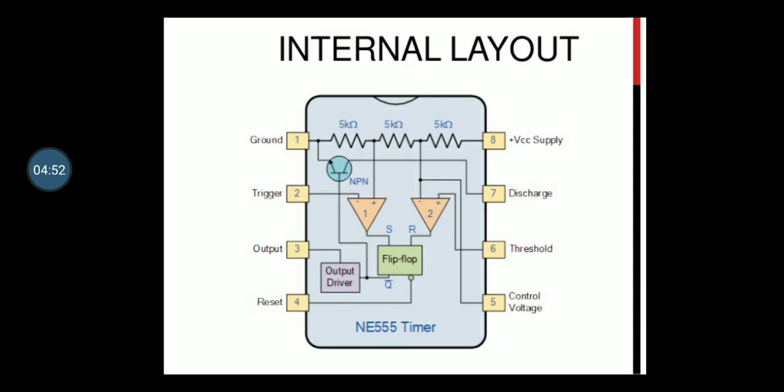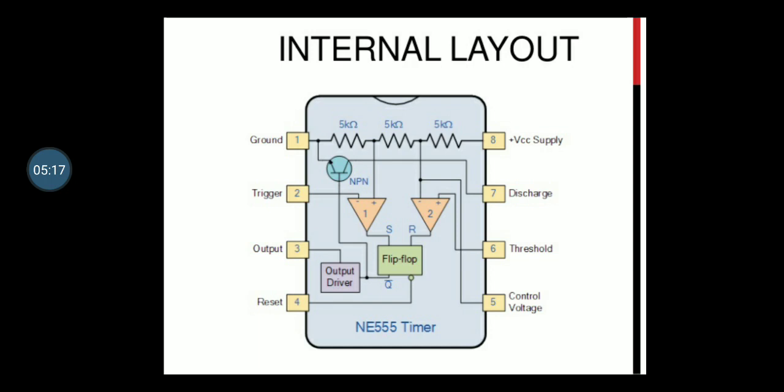Also, there are three 5K ohm internal resistors which act as a voltage divider, providing a bias voltage of 2 by 3 VCC to the upper comparator and 1 by 3 VCC to the lower comparator. Since these two voltages fix the necessary comparator threshold voltage, they also aid in determining the time interval.